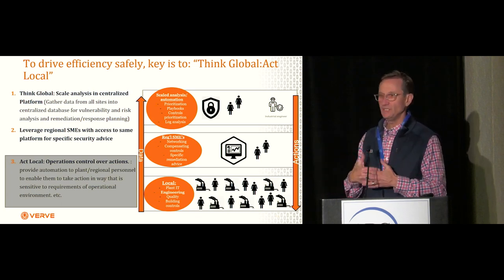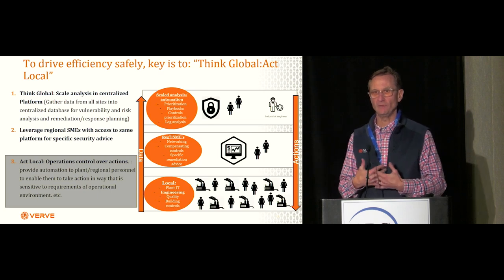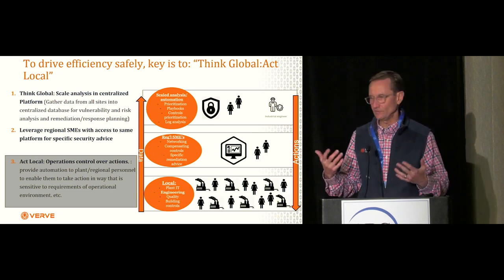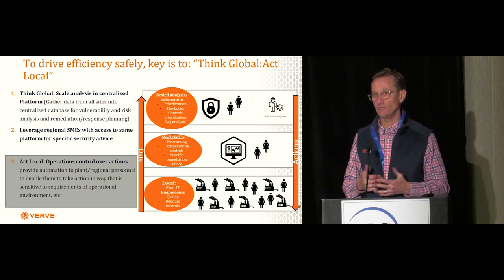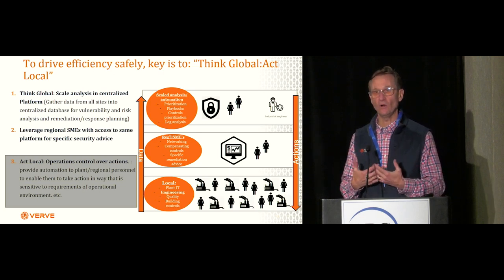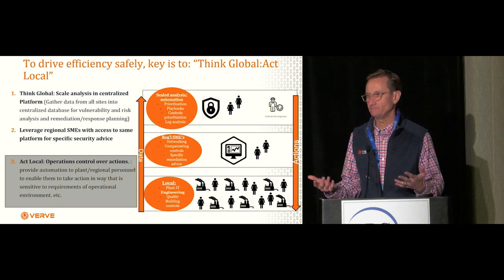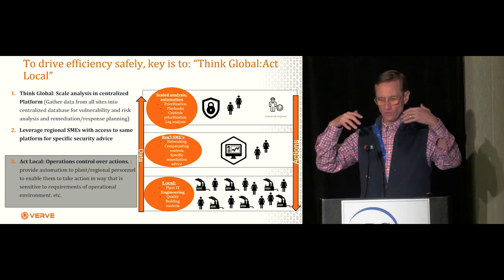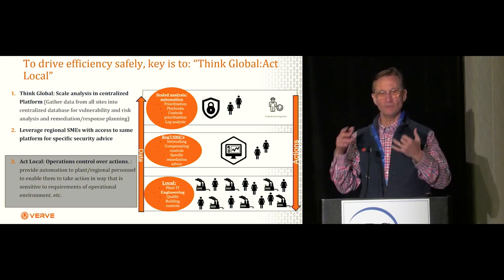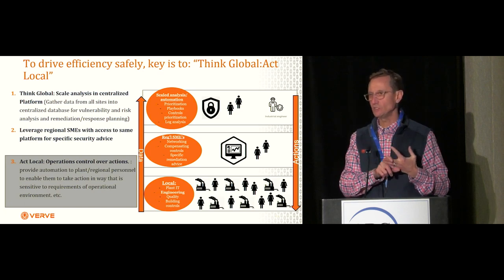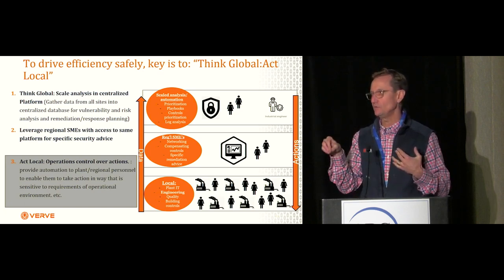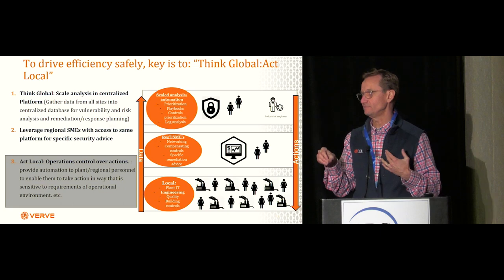But that automation then allows those people at the mills, I'm using mills as an example, you could have a mine, whatever you want to think about, to have automated essentially a toolkit to execute on the recommendation. So that, in other words, those actions can be distributed, but the timing, the testing, and the execution of that action is controlled by those who know that process the best.